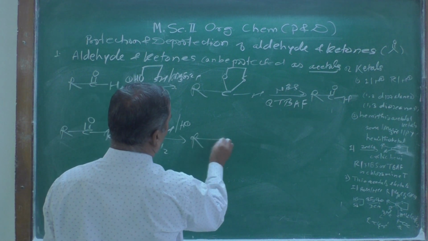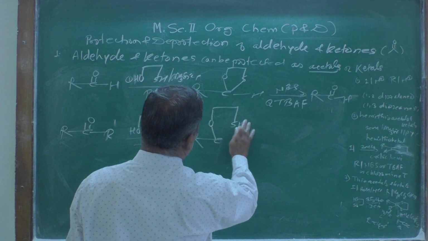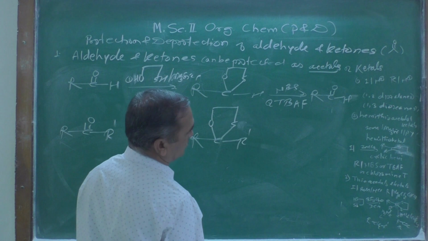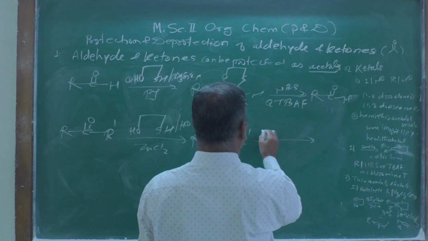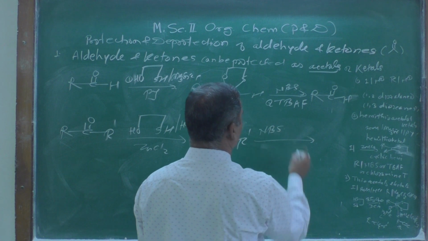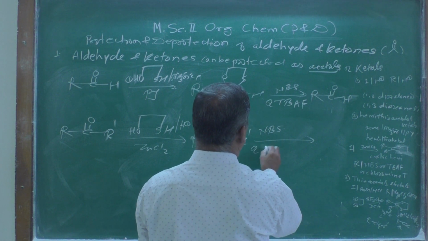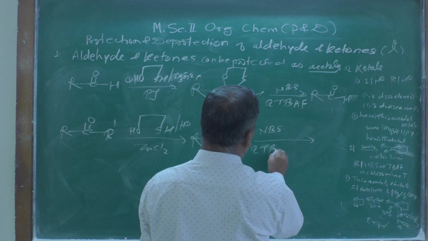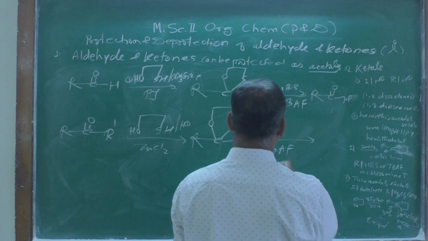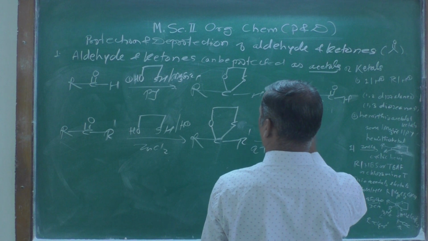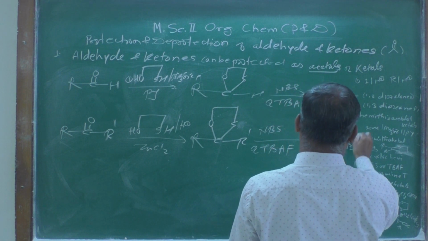You are going to get here R, O, then CH2, S, then R dash, and that can be removed under this reagent, that is NBS, N-bromosuccinimide, or we can use tetrabutyl ammonium fluoride. These are the reagents that can be used for the deprotection of this, and you will get RC double bond O R dash.